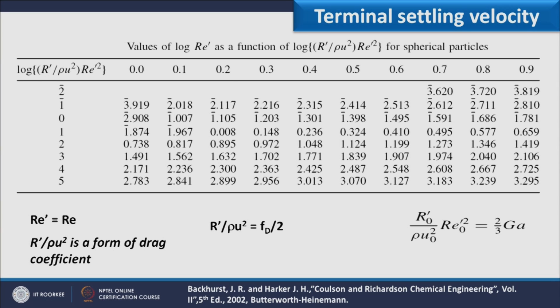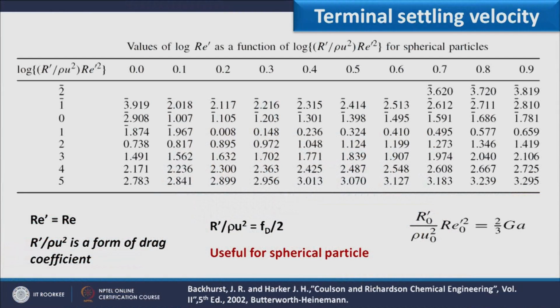So, by this method we can calculate the terminal settling velocity of a particle directly, and this is specifically used for spherical particles. If we have to calculate the terminal settling velocity of a spherical particle, I can calculate it directly without knowing in which region the particle is falling.